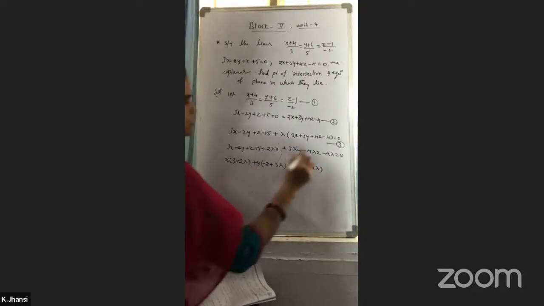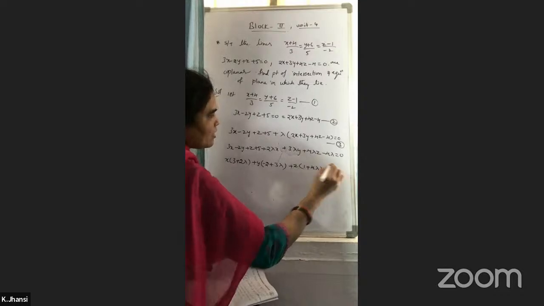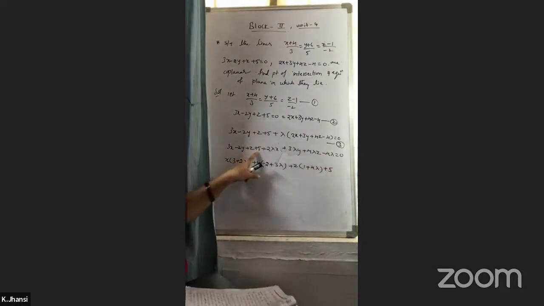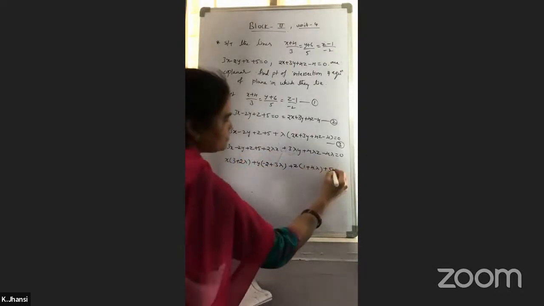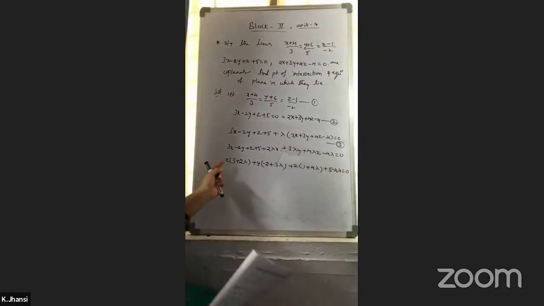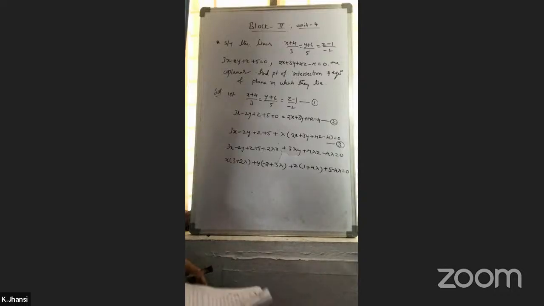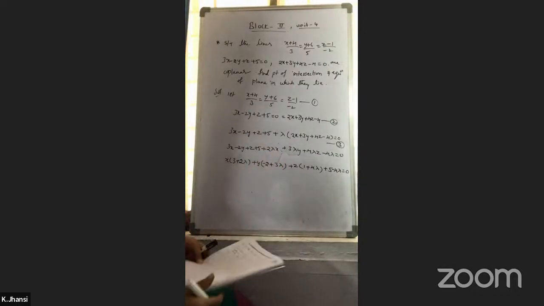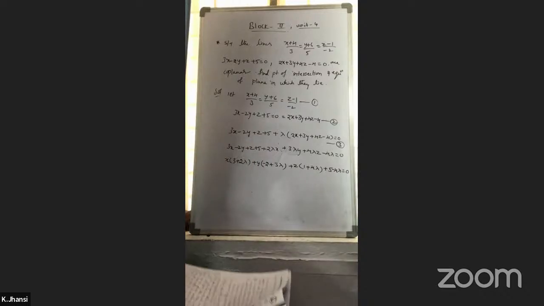Okay. Constant is 5 - 4 lambda = 0. So the coefficients of x, y, z are 3 + 2 lambda, -2 + 3 lambda and 1 + 4 lambda, and the last one is the constant value.